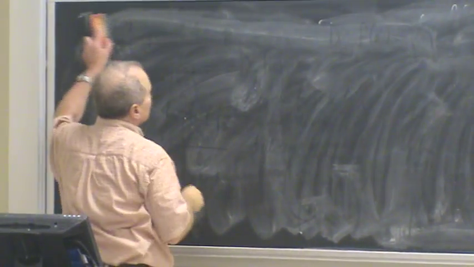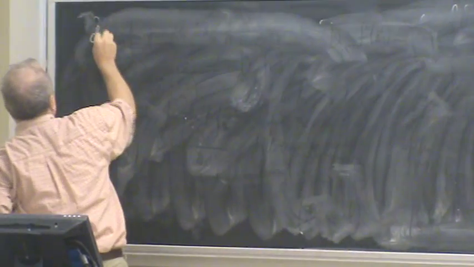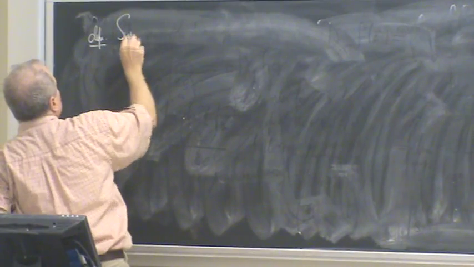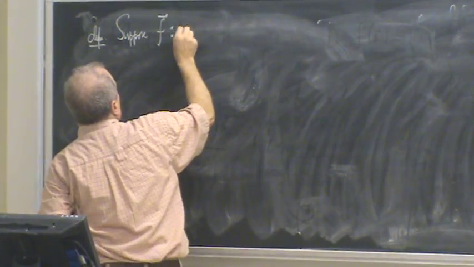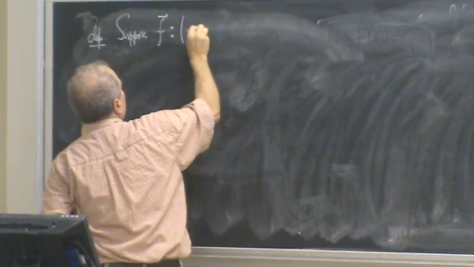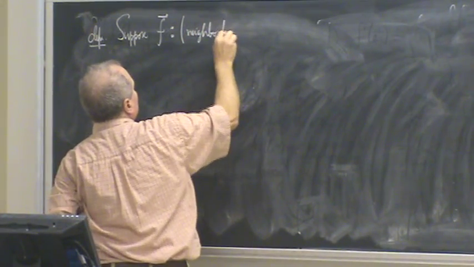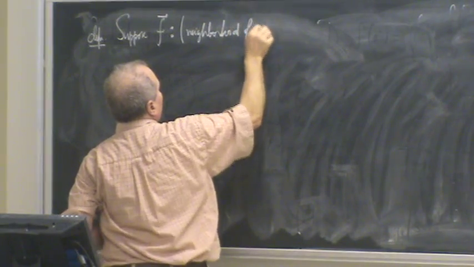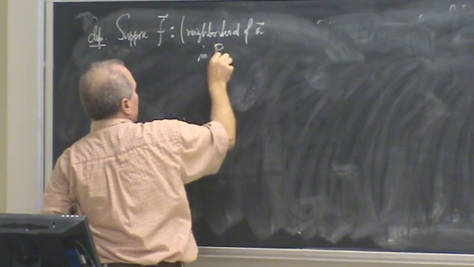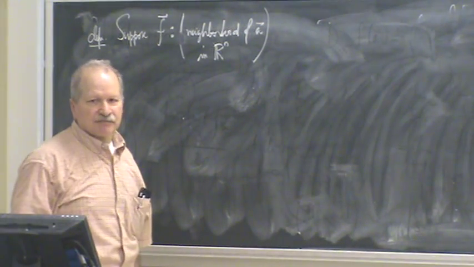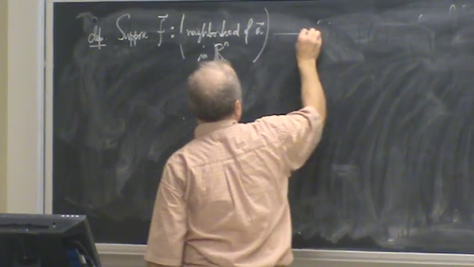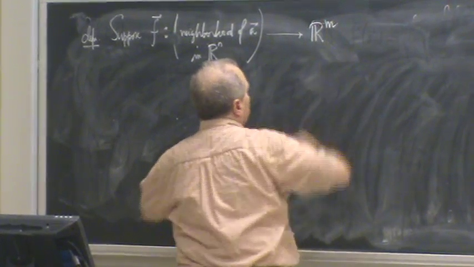So, definition: suppose f maps a neighborhood of a in R^n, it doesn't have to be defined on all of R^n, but just near a point a, to R^m, let's say.